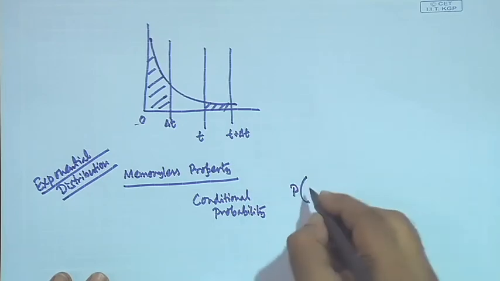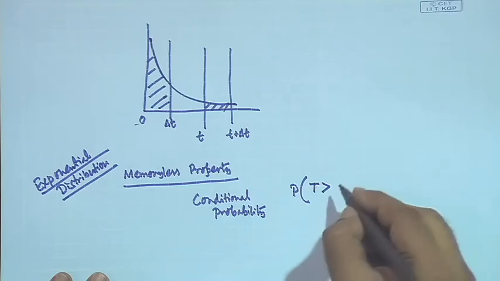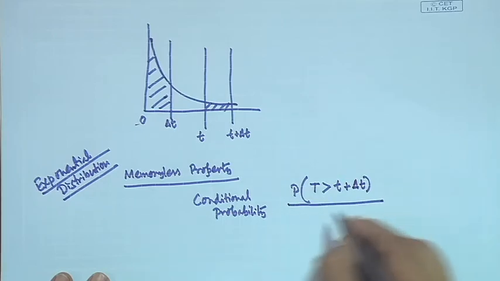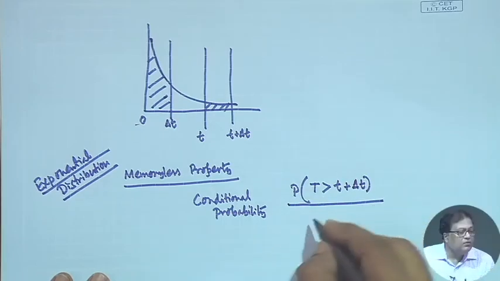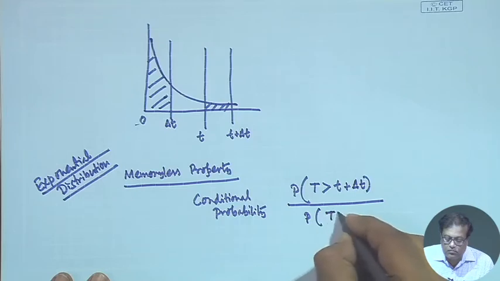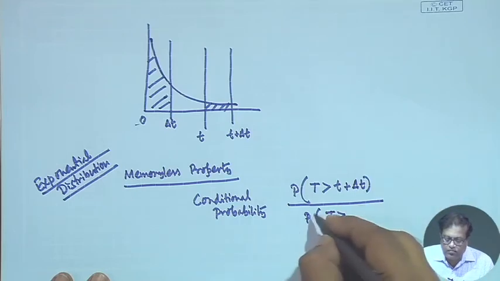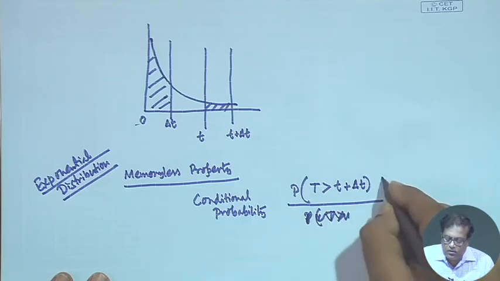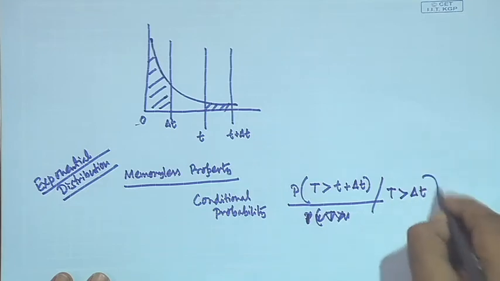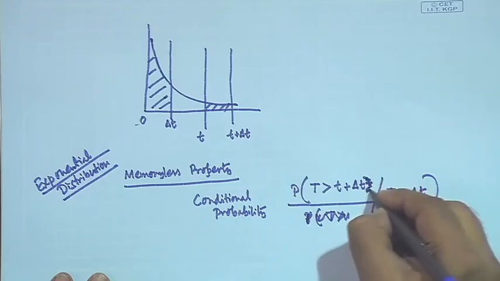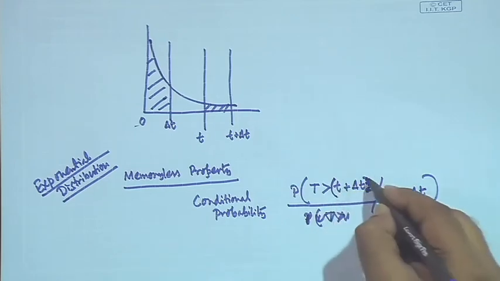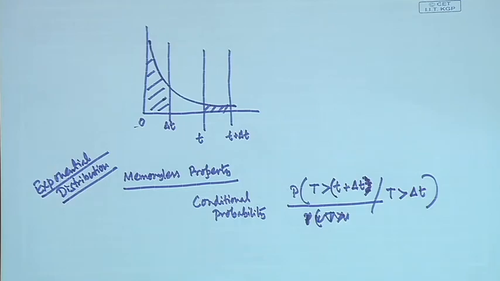The probability that T is greater than t plus delta t, given that T is greater than delta t.